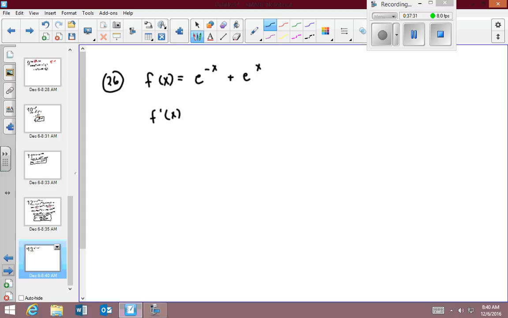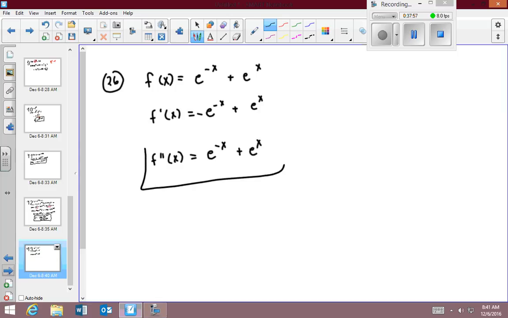So it's the derivative of the first term of that binomial. So this is going to be a negative e to the minus x plus, and this is just e to the x. Then you take the second derivative, and it's going to be a negative and negative. So this is e to the minus x plus e to the x. So that's the second derivative. Same as the function.